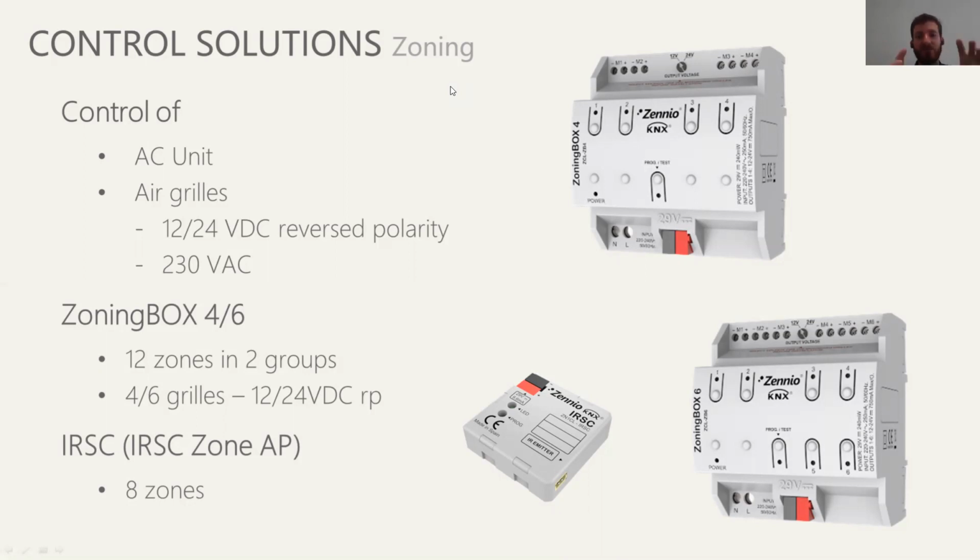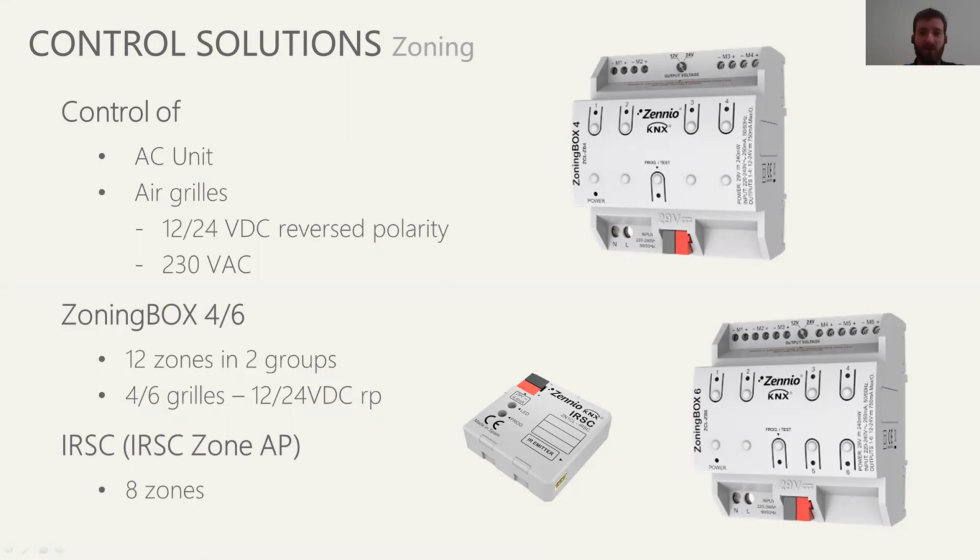So the thermostat would actuate through the grill controller, and then the grill controller, which is what the Zoning Box 4 or 6 or the IRC again does, that logic is what will be controlling the AC unit. So here we would kind of treat the Zoning Box as the indoor unit.